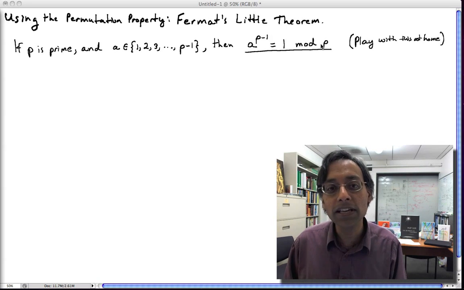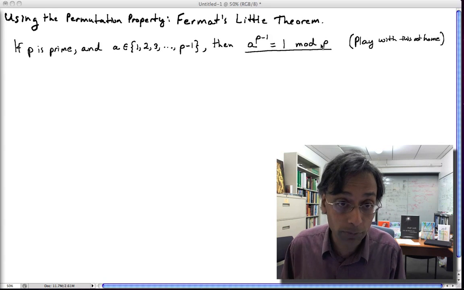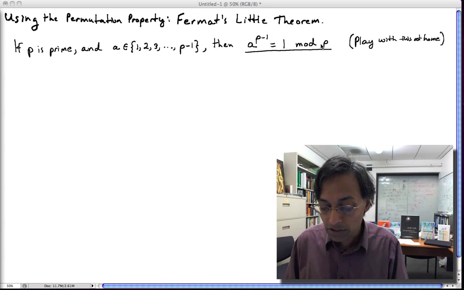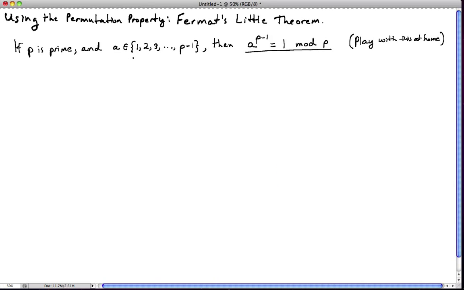But what I'm going to do is show you how to prove it using basically the permutation property that we had. So the first thing we're going to do is notice that here we have p minus 1 numbers.